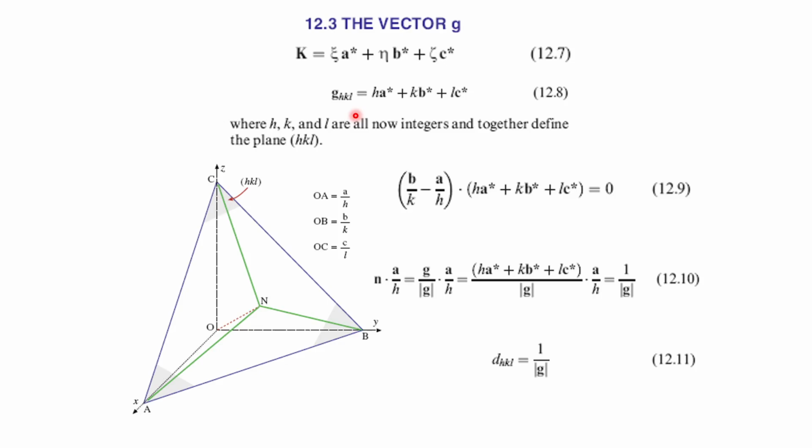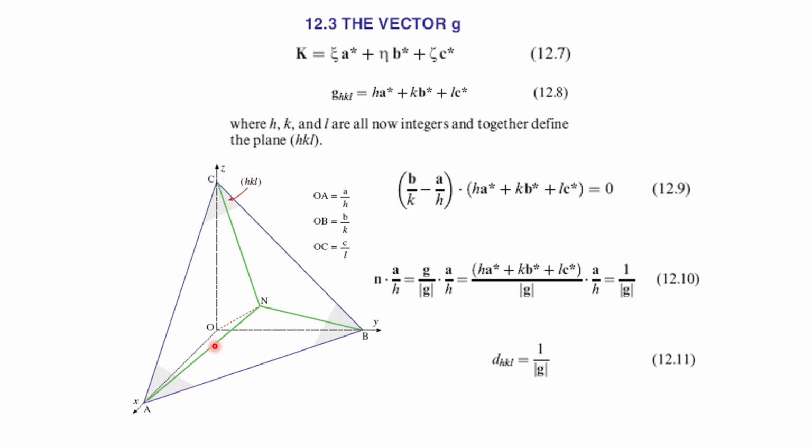So basically your g vector, which I told you in the previous slides, in reciprocal space is given by h a star plus k b star plus l c star, where HKL are all integers that together define the HKL plane.